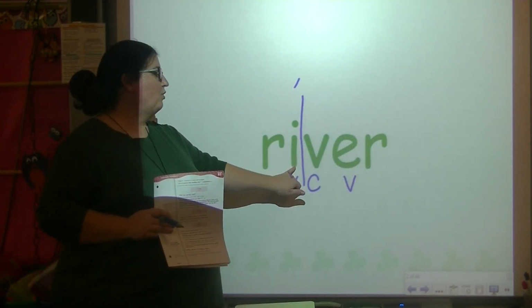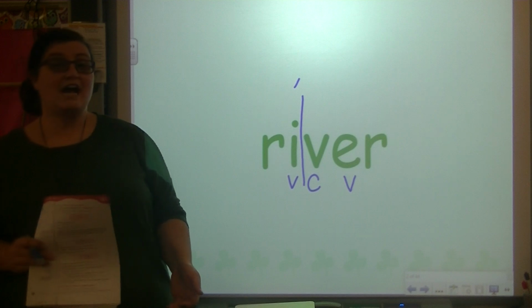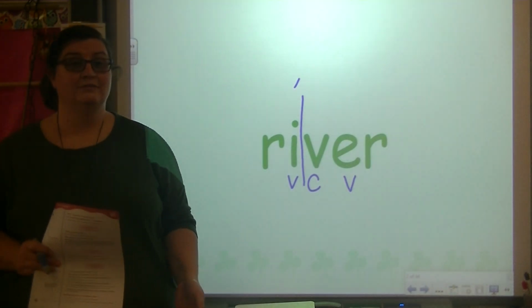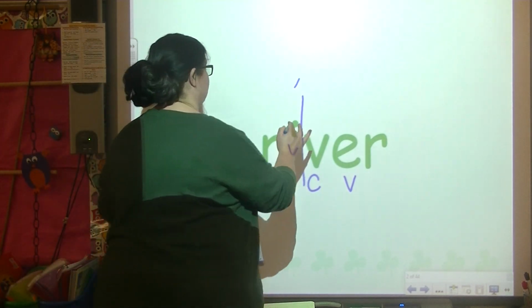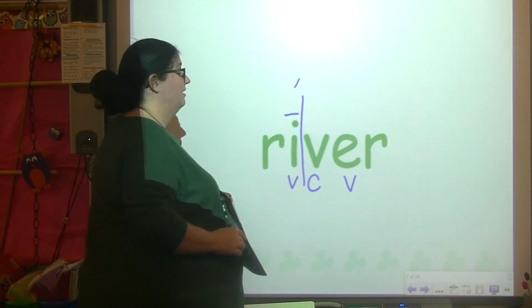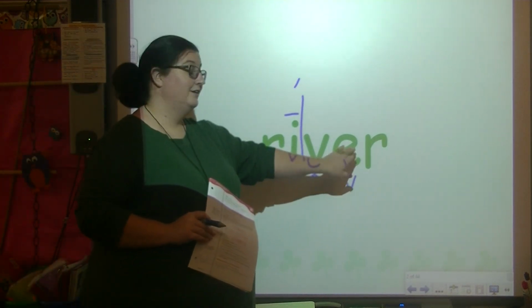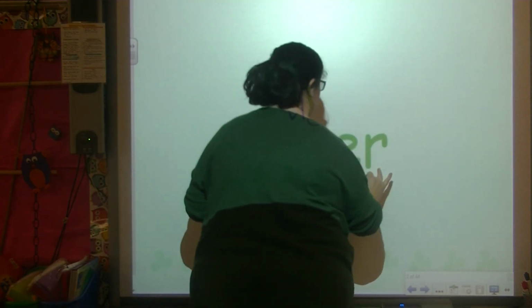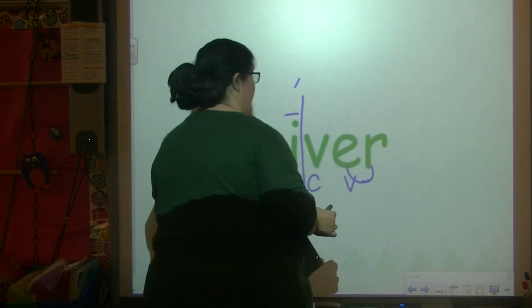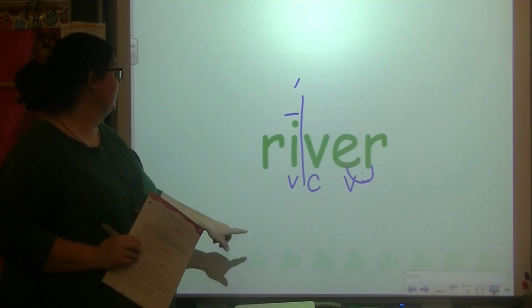This vowel I is open. The I would make a long sound. On this side, I would have combination ER. Now let's sound it out.